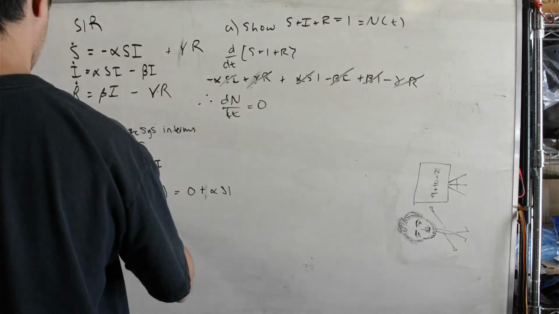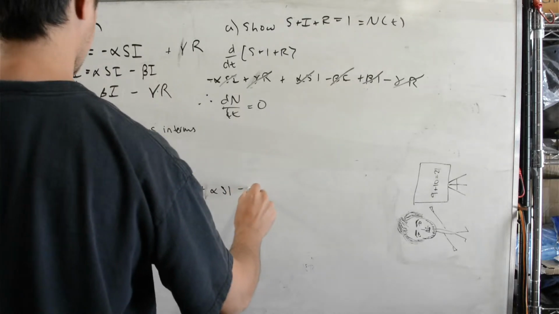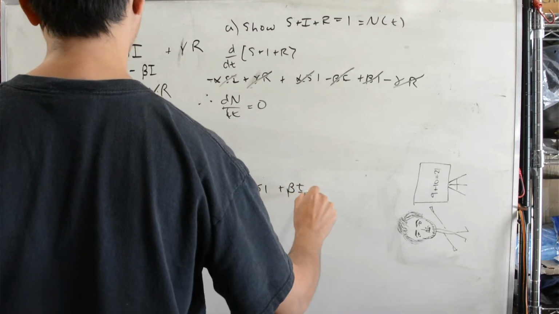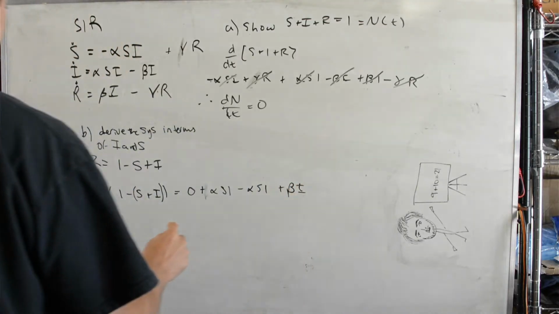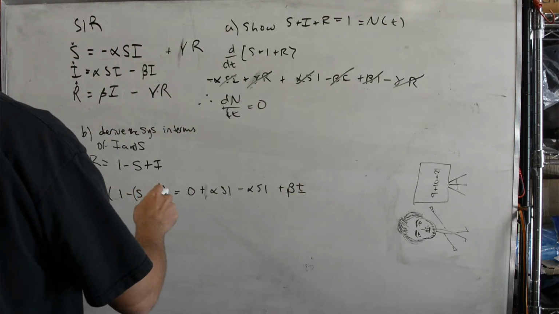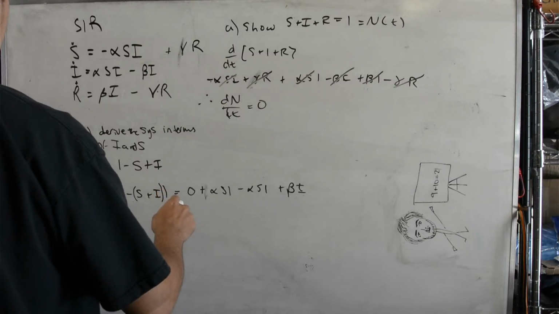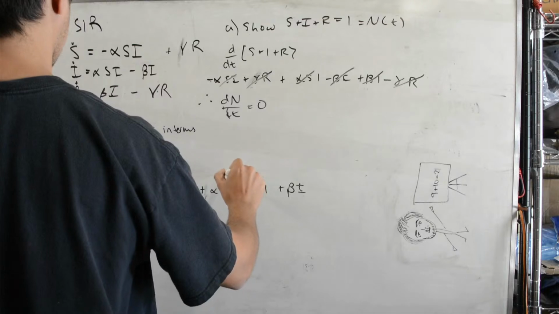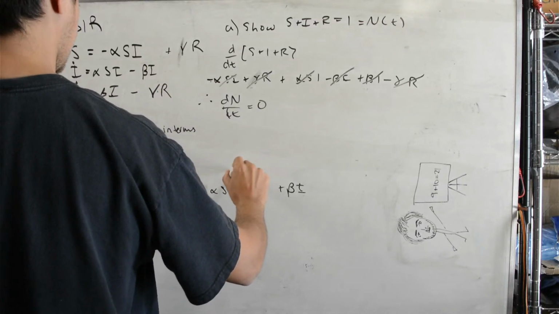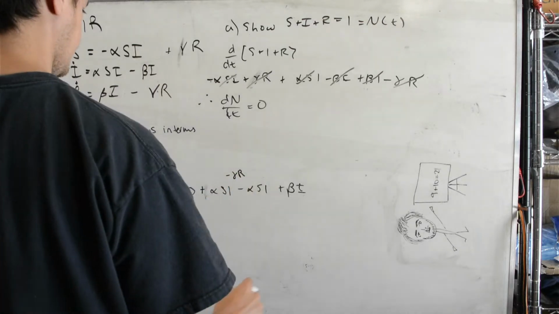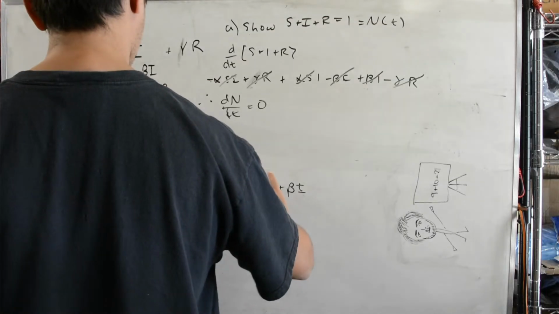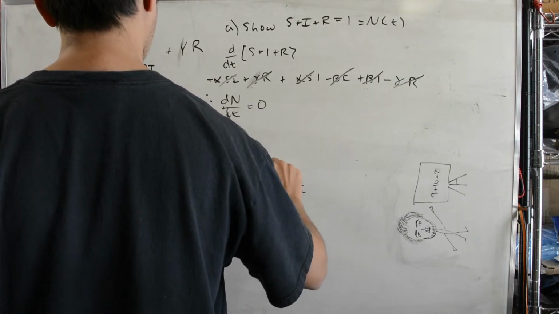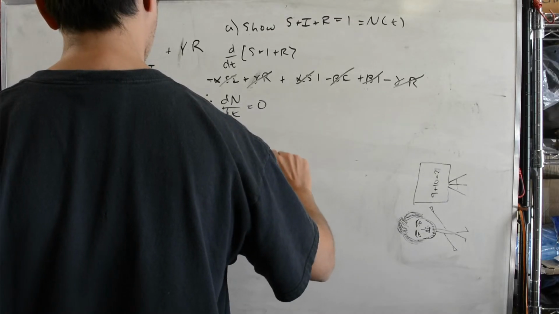Wait, this is a 1 minus this. So we're going to get minus alpha SI plus beta I. And then I guess for this, we also have, what is this? This is going to be minus gamma R, which is going to be minus gamma of 1 minus S plus I, right? So we have to replace it.